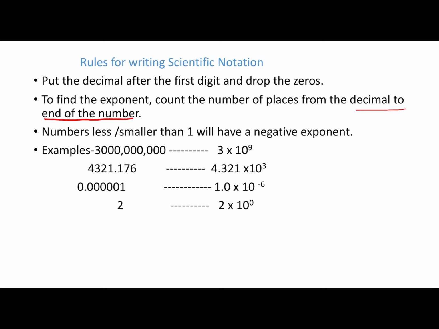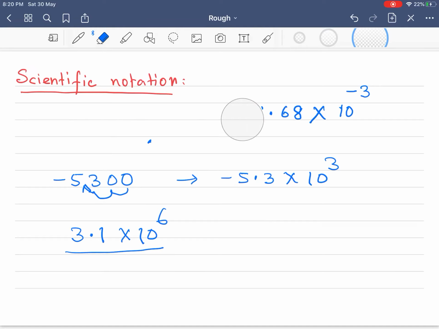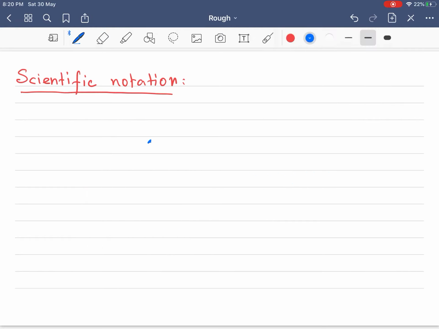Let us do some problems using these rules. Number 1. Suppose I am writing 1 by 10, then it can be written as 0.1. How can we write these small numbers in scientific notation? It will be 10 to the power minus 1.